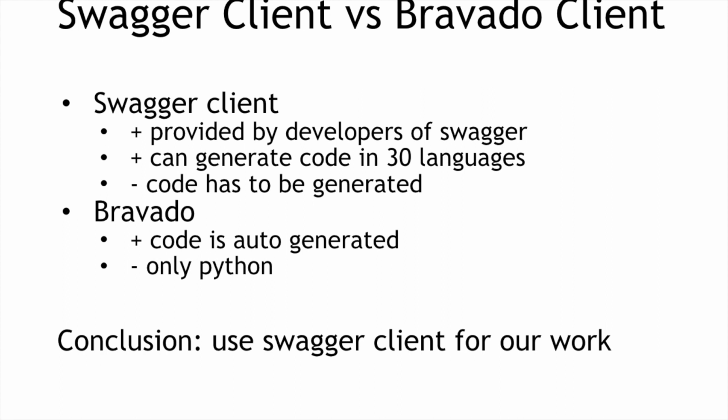So as conclusion for our work, this is because we are trying to establish a more standardized process and standardized objects that are independent from languages. It seems to be better to look into Swagger client instead of using Bravado as the client. Thus, I would like to encourage you to focus on Swagger client and not use Bravado client.